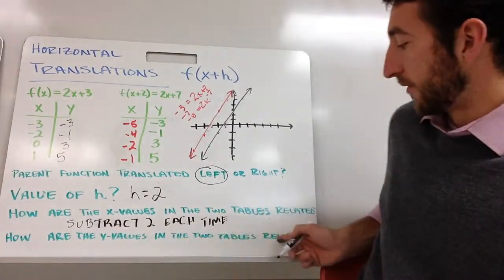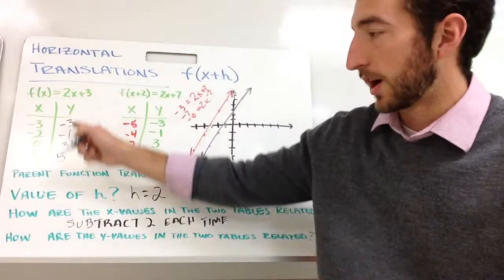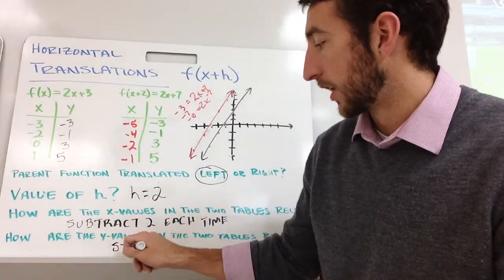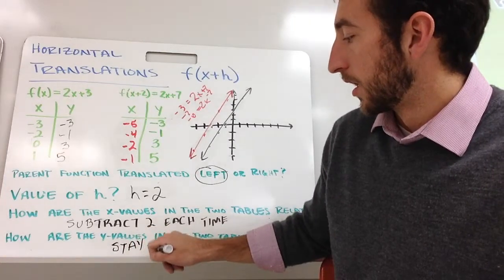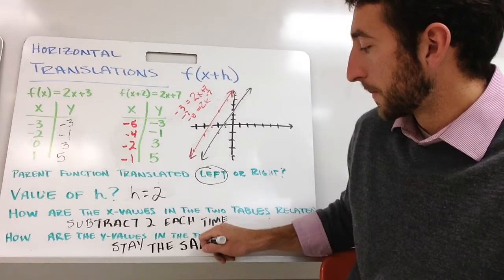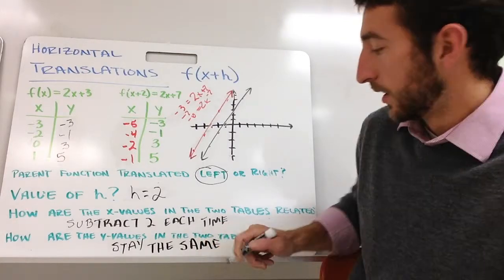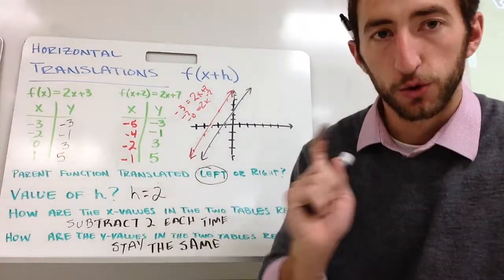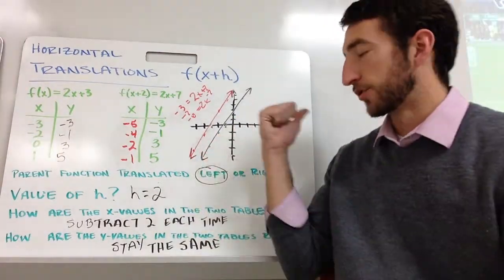Okay, and then how are the y values in the tables related? So if you look at my y values, they're exactly the same. So y values stay the same. So this might not make that much sense because this is a +2. You would think that a +2 would translate it to the right.